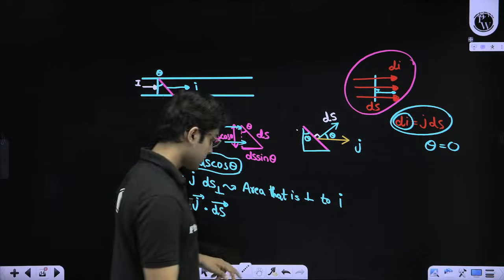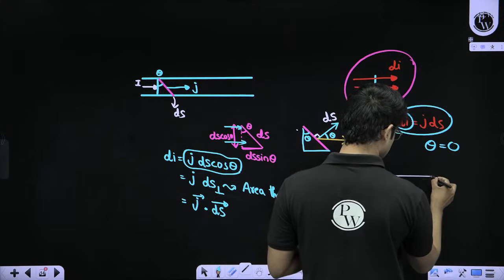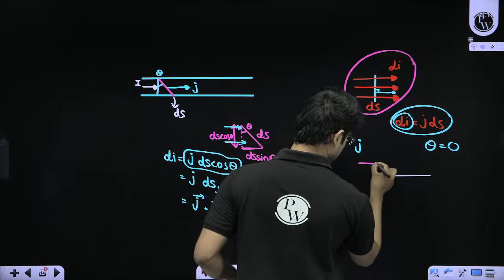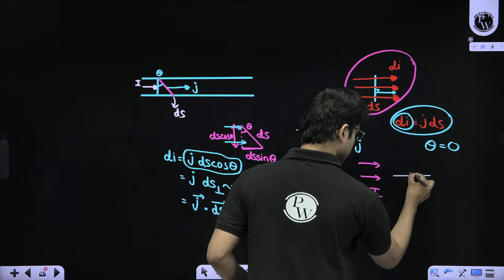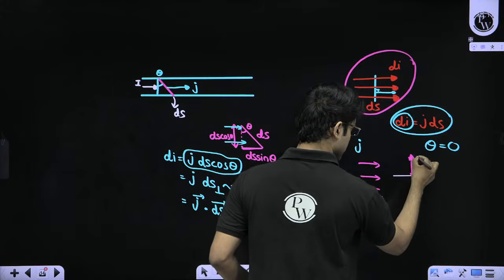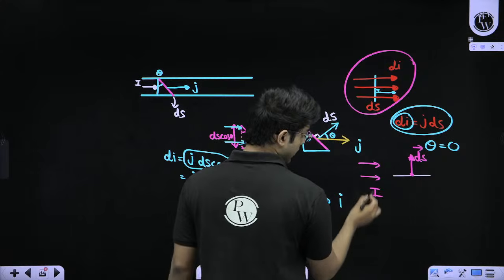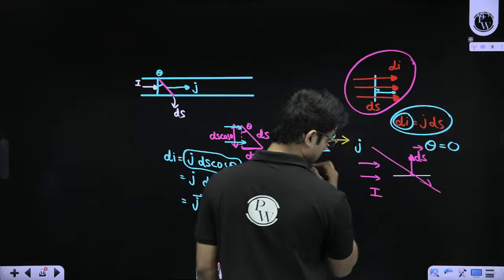And what happens if the area is like this, parallel to the current? That is easy to visualize. If the area is parallel to the current, then of course no charge will cut through the area. For current to exist, some charge should cut the cross-sectional area.